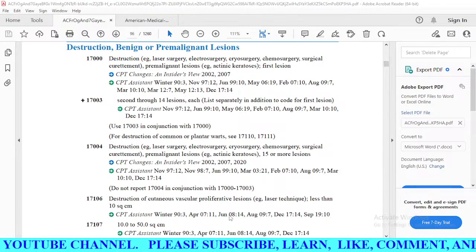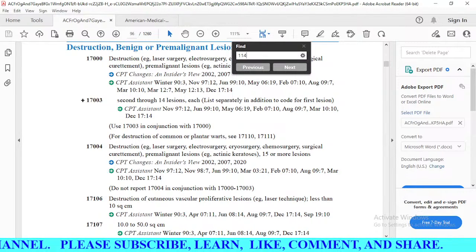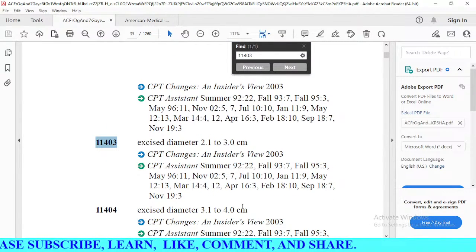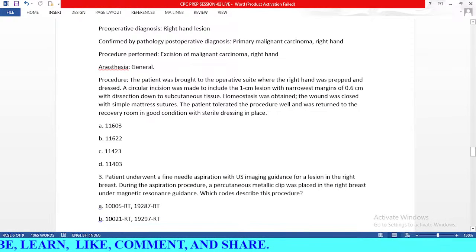We will check combinedly. We need to first check the location of the malignant carcinoma.